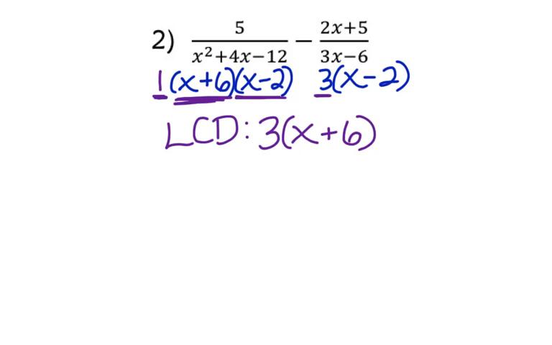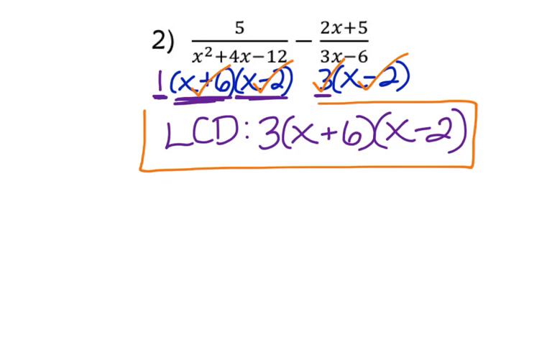I'm also going to need to include x minus 2. And if we kind of go through and check everything, the x plus 6 is taken care of. That's in my least common denominator. The x minus 2 is taken care of. The 3 is taken care of. And the x minus 2 is taken care of. So that would be my least common denominator.